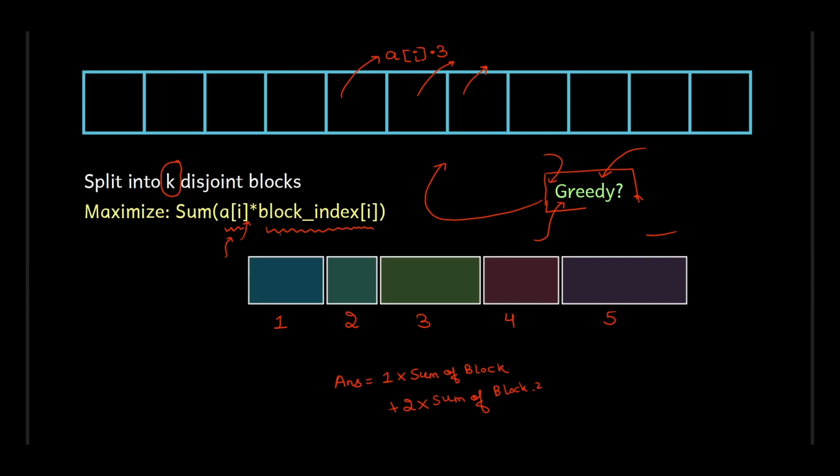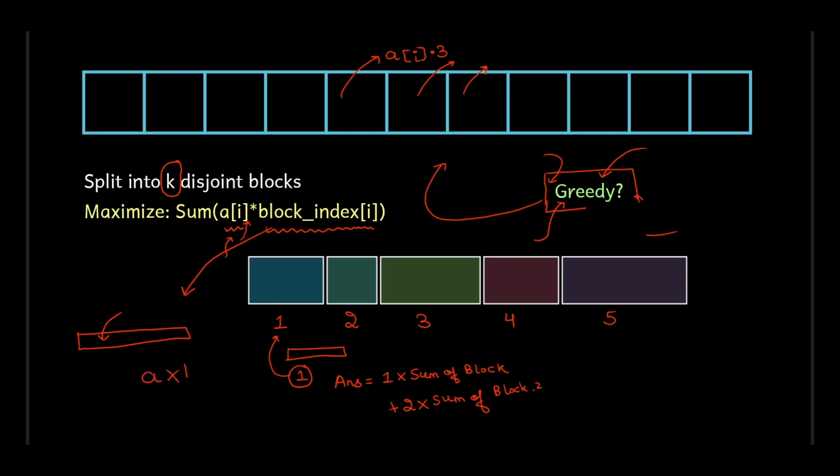This means that given this expression, if you have a bigger block, you will get more sum. So definitely to maximize this value, you want a bigger block. But the problem is, if you take a very big block, then you have to assign the block index 1. So this situation is something like this.